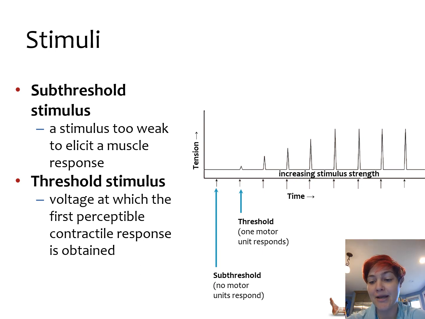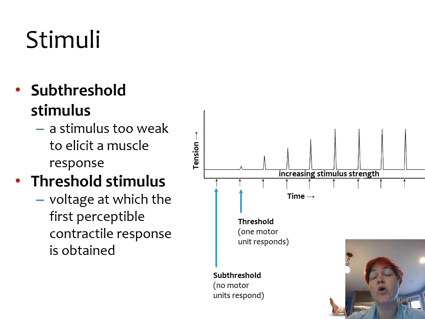If you tase somebody, their muscles are going to involuntarily contract. Heat. You can also do this through heat and through cold. Chemically, you can also do this. Chemically, there's a few ways. You actually have chemicals that mimic acetylcholine, and so will bind to those receptors.